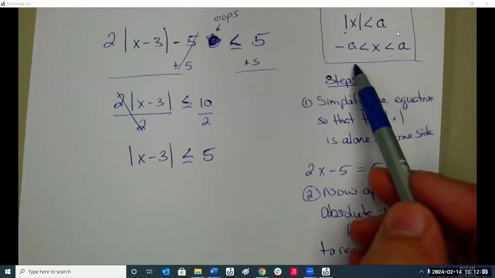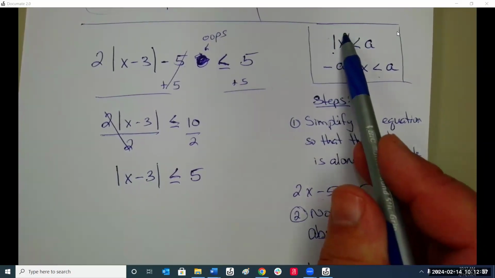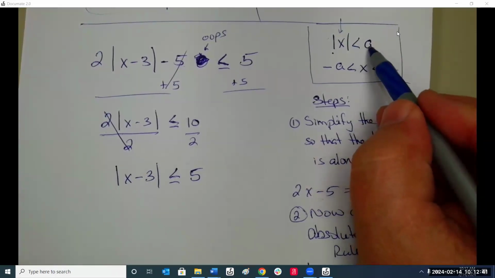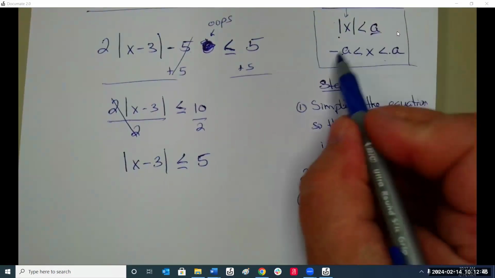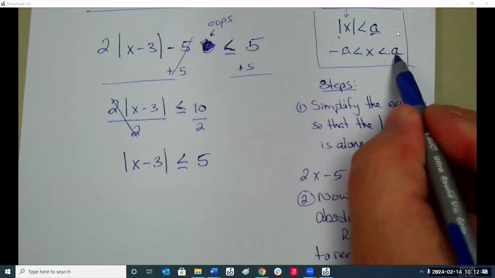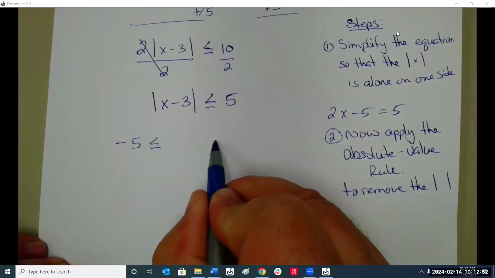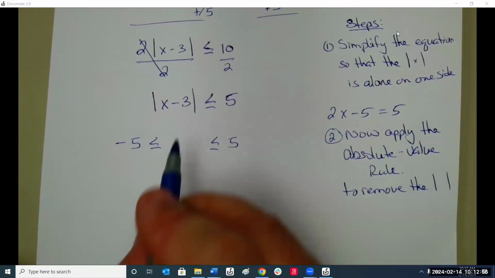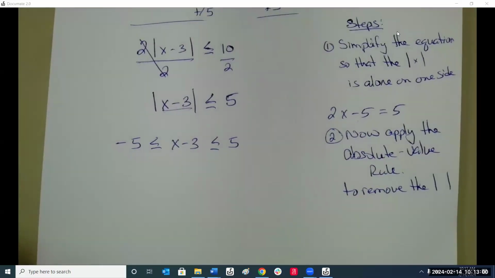So what the rule says is I have the absolute value by itself. Inside here could be an entire equation. I'm just saying that's what it is. So when I drop it, I have this equation. Whatever is over here, I put a negative in front of it and a positive. So I have a negative 5 and a 5. Whatever's inside there goes here.